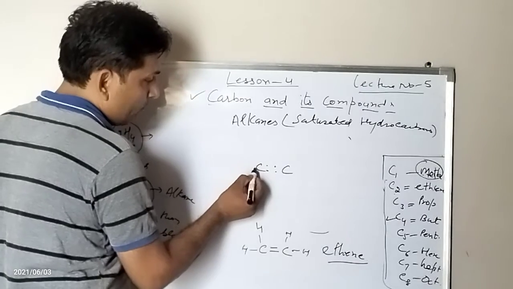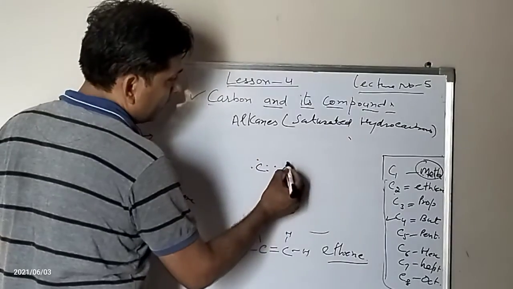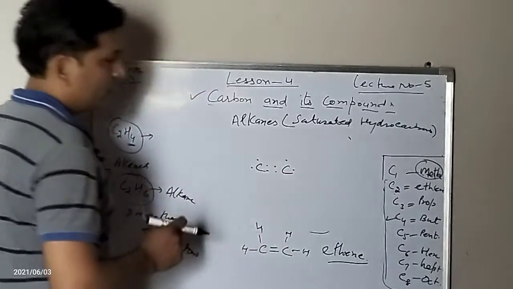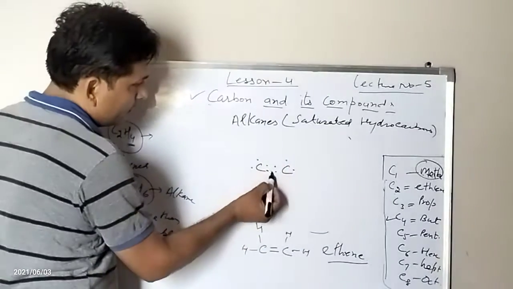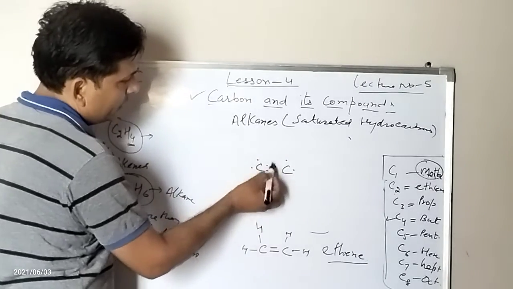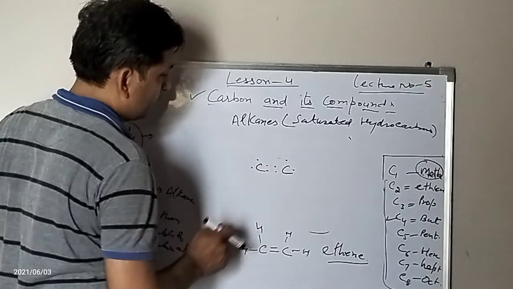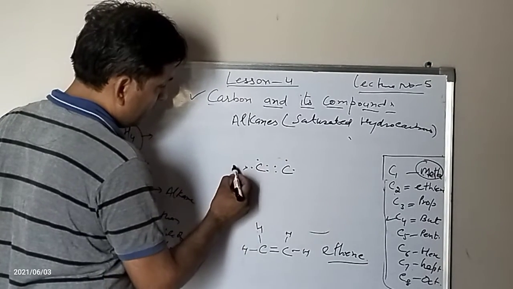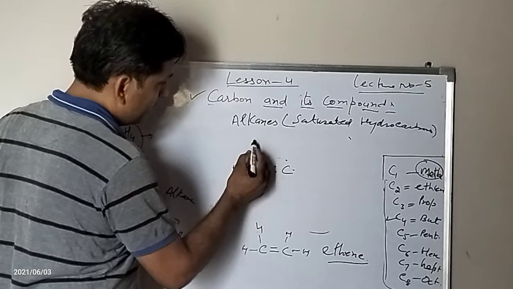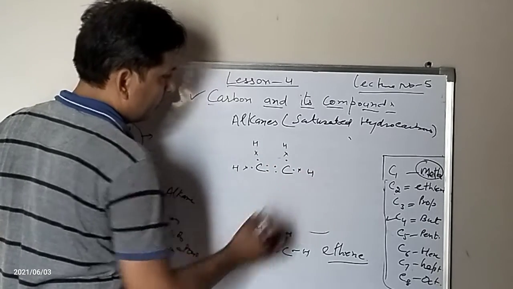How many electrons are left with this carbon? Two. And with this one again, two electrons. Four electrons with this carbon and four with the other. Now attach hydrogen atoms. One hydrogen atom here, another here, one here, and another here.